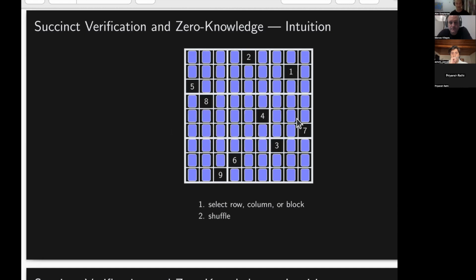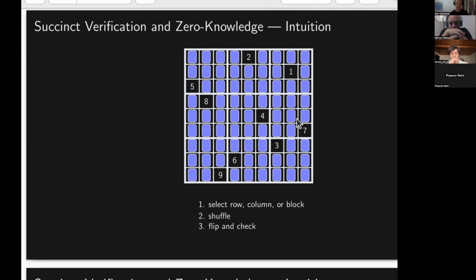I verify that you shuffle them before flipping them. And when you flip them, you check that the numbers 1 through 9 are present. Now, if I'm honest, then the numbers 1 through 9 will be present in every single case, regardless of your choice. But if I'm malicious, then there is a certain probability that my fraud will be exposed.